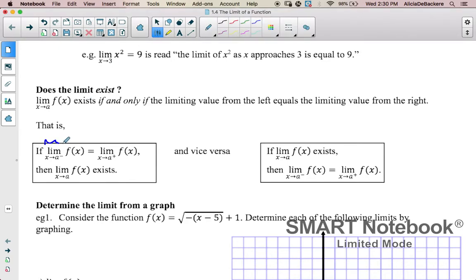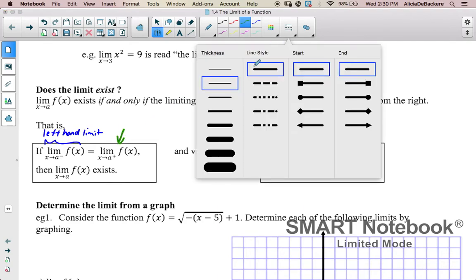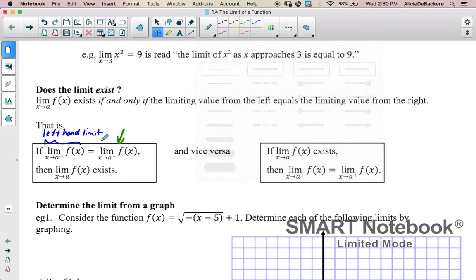This here is what we call the left-hand limit. And this here is the right-hand limit. Right, a little bit bigger than a, and this is a little bit less than a.